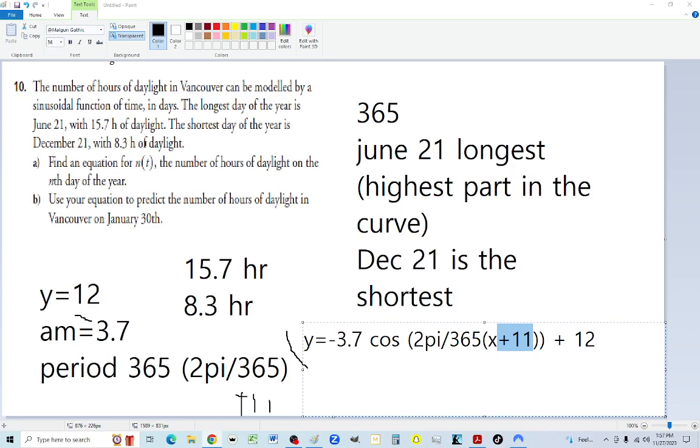My typing's a little off today. There we go. And now I just need to bring it up to where we can see it.